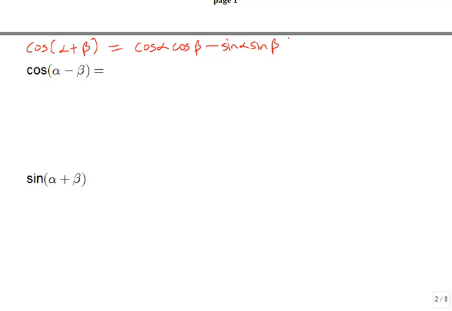In a similar way, with a similar proof, you can show that cosine of alpha minus beta is cosine alpha cosine beta, so same way that this is set up, but instead of a minus here, this is going to be plus sine alpha sine beta. So the thing to remember with cosines is that you have alternate signs. Whatever sign is on the left side, you need the opposite sign on the right side.